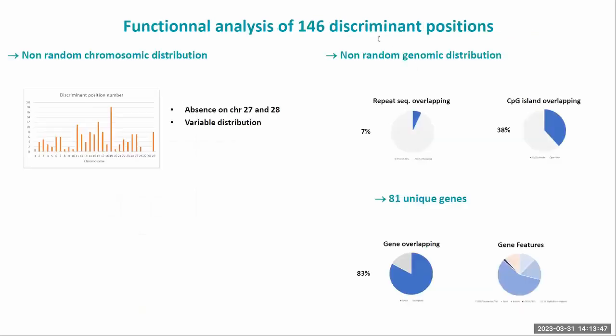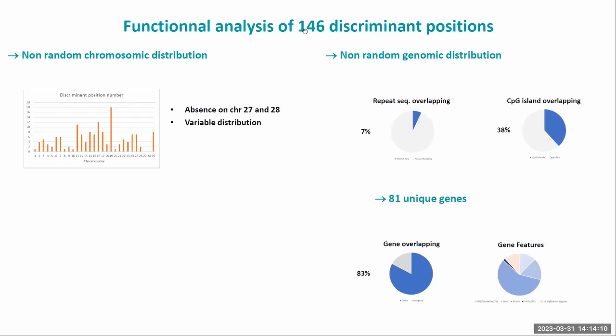These discriminant positions have a non-random chromosomal distribution. For example, they are absent from chromosome 27 and chromosome 28, and we have one bigger cluster in chromosome 19.